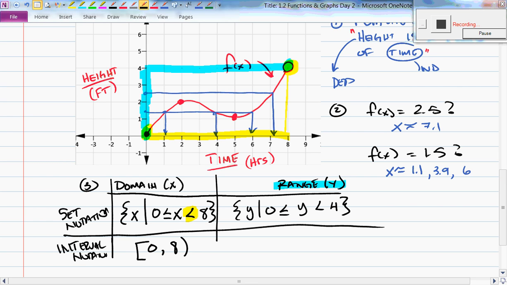Or sorry, strictly less than 4, because that point is not included. So again, strictly less than 4 because at that point my y value is not included. So what would it be in interval notation then? Bracket, yeah. 0, comma, 4.